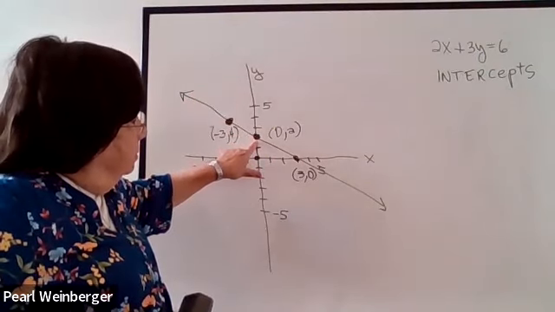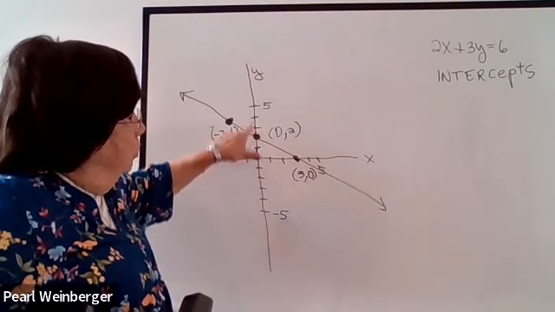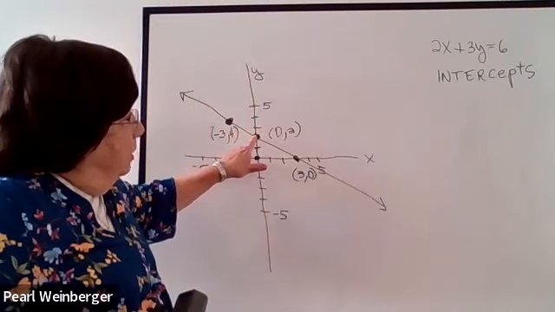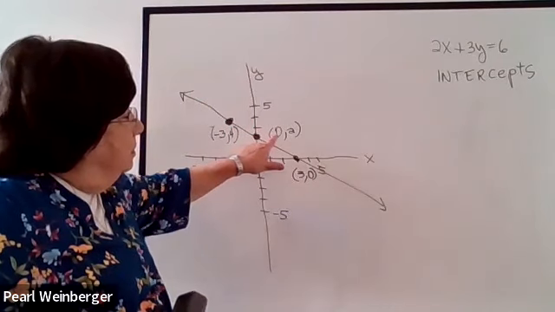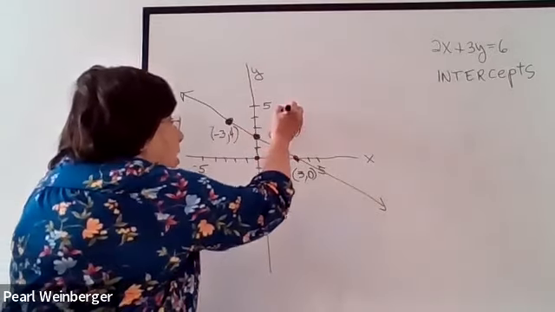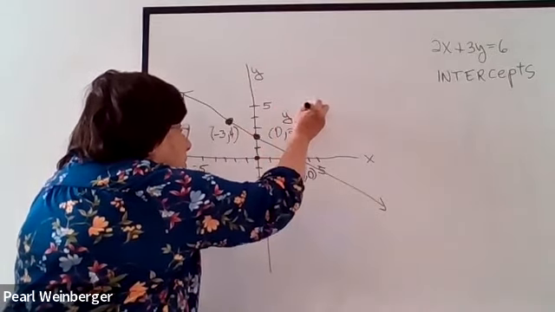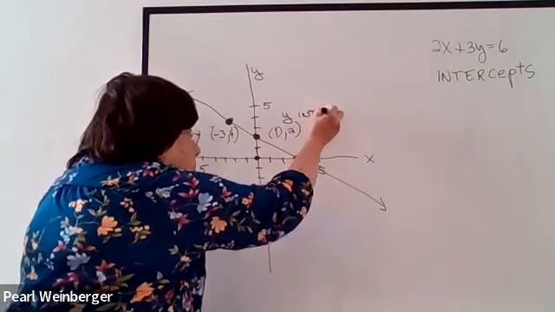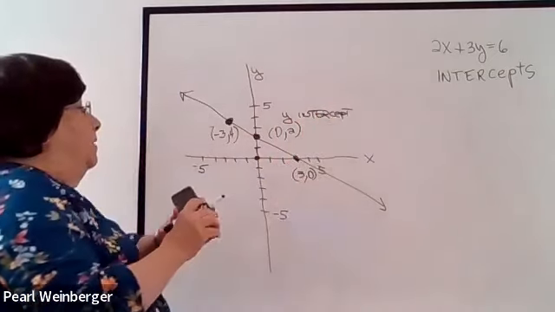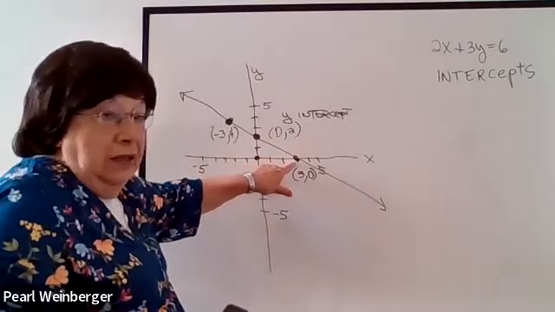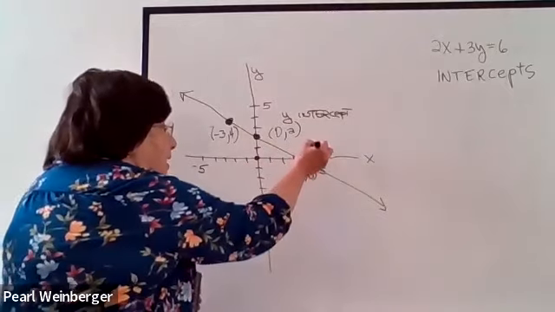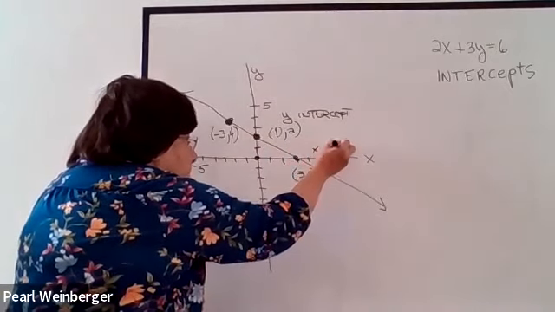But this point, 0, 2, was a point on the y-axis. The point where it crosses the y-axis is the point 0, 2. This is called the y-intercept. And this point was a point on the x-axis. This is what's called the x-intercept.